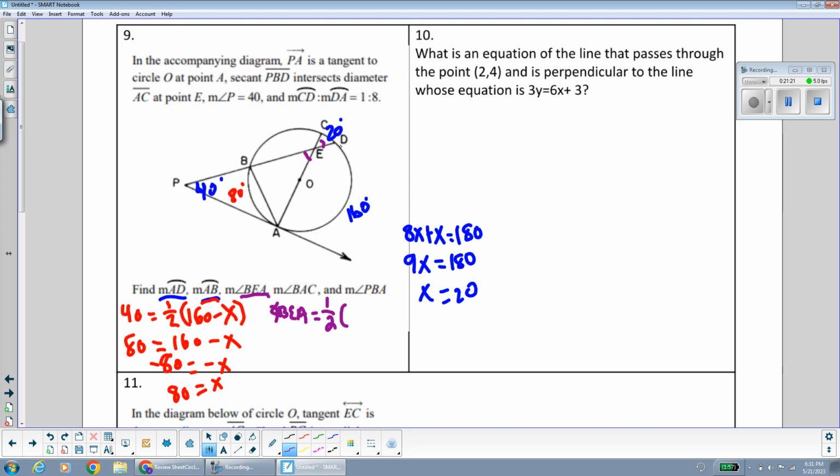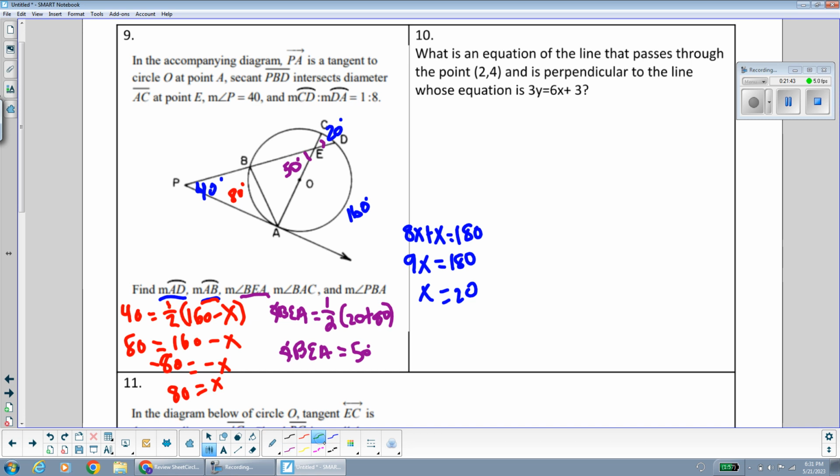One of its intercepted arcs is 20. And the other one, this other vertical angle, is opening up to this 80-degree arc. 80 plus 20 is 100. Half of 100 is 50. So angle BEA is equal to 50 degrees.